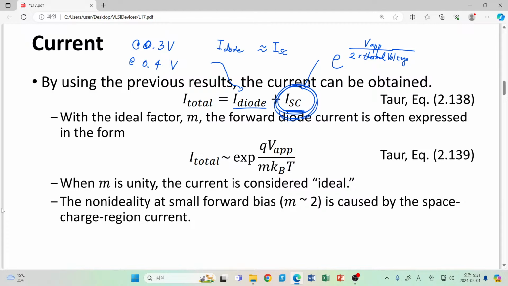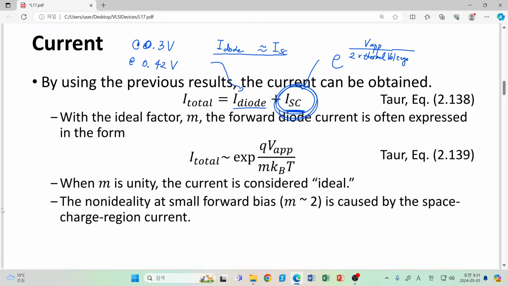Instead of this number, why don't you just consider this one, 0.42 volt. Please estimate the increase of your current values. At 0.3 volt, both of them show more or less comparable values.